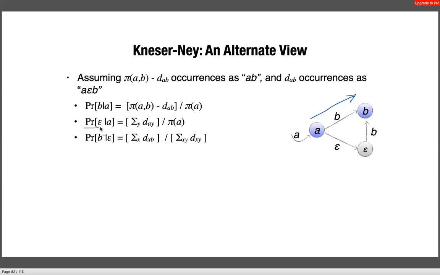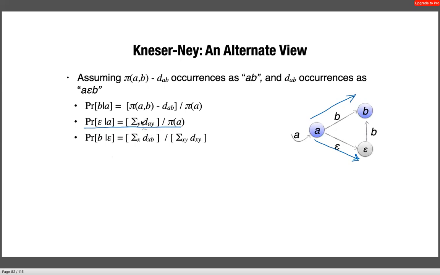Now, next is the probability of epsilon given A, right? What is the probability of this particular transition being taken? The probability of epsilon given A would be the sum over all y of DAy, because DAy, recall, is the occurrences corresponding to the path A epsilon y.